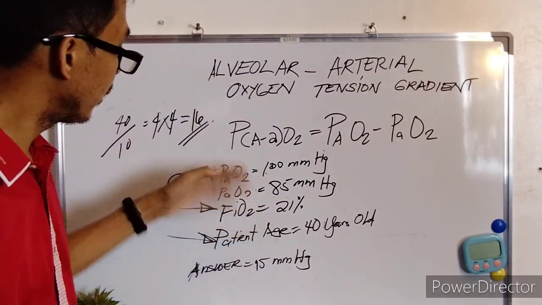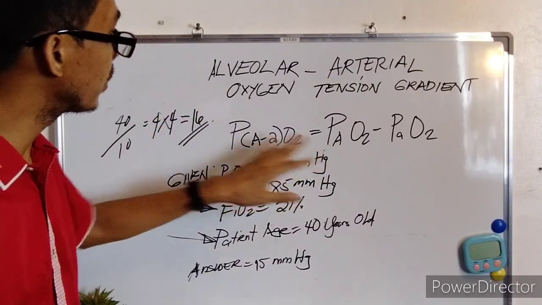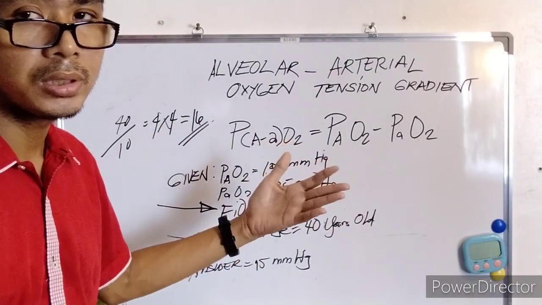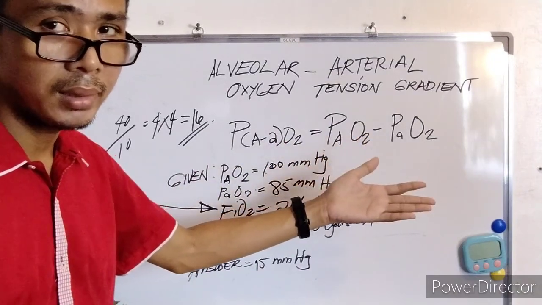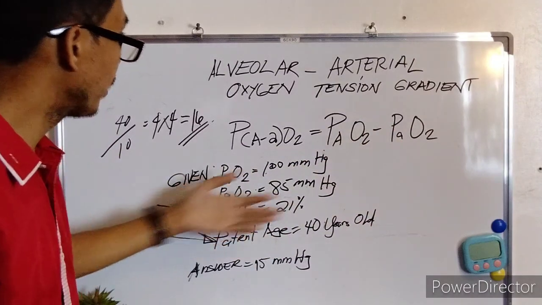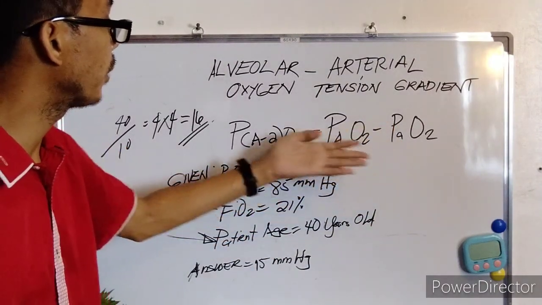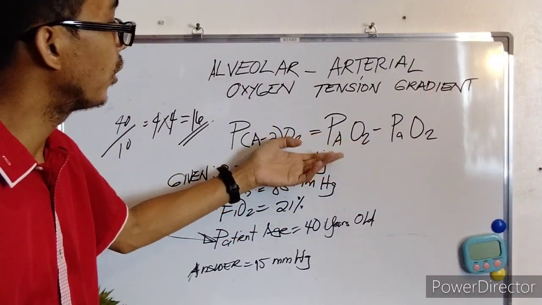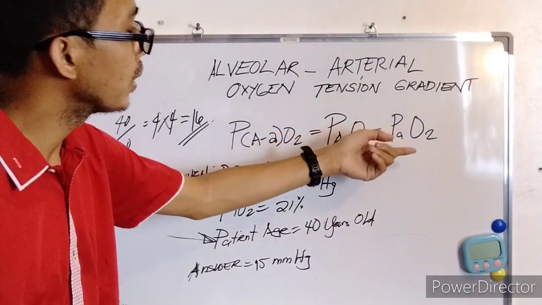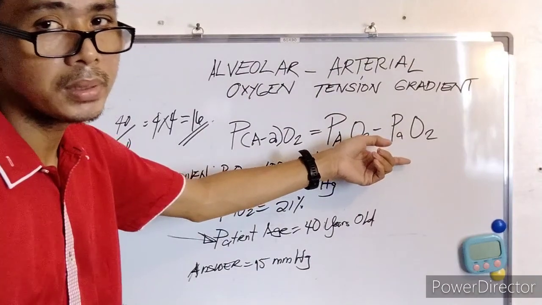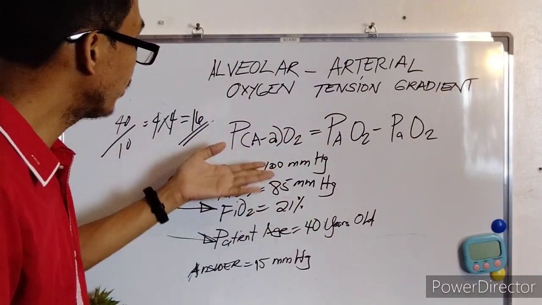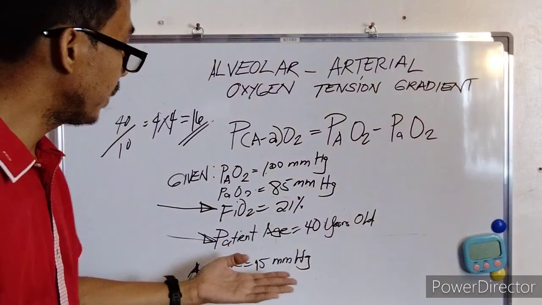This is very elementary. You just subtract the alveolar pressure of oxygen from the arterial pressure of oxygen. Don't be confused. Alveolar is represented by the capital A, whereas arterial oxygenation is represented by the small letter a. So 100 minus 85, you derive 15 millimeters of mercury.